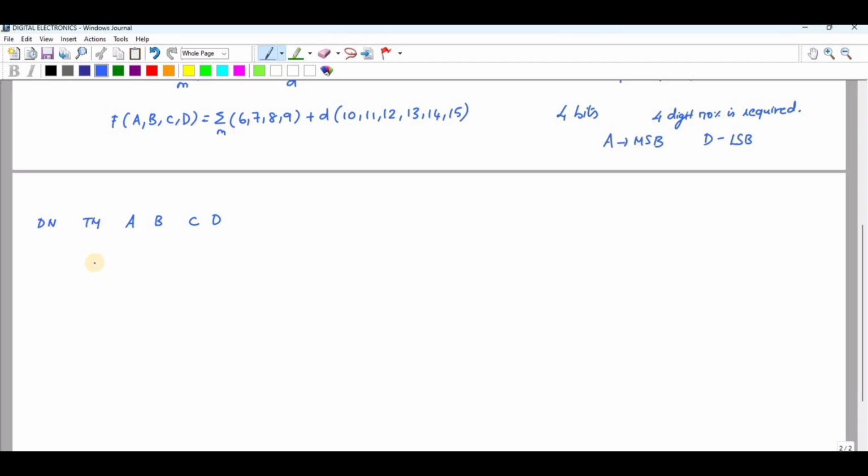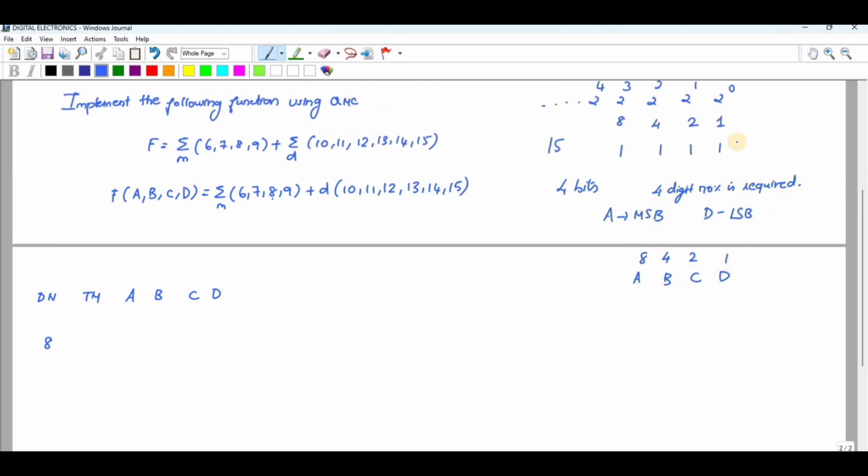First you have to form groups based on the number of ones. If I write the decimal number 8, how do we represent 8? We know that the ABCD weights are 8, 4, 2 and 1. So 8 is represented as 1, 0, 0, 0.